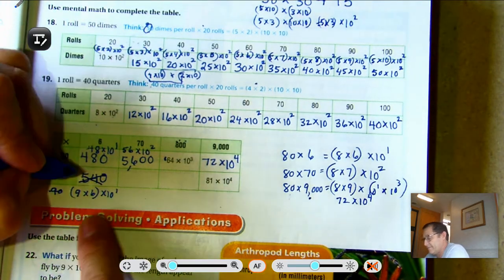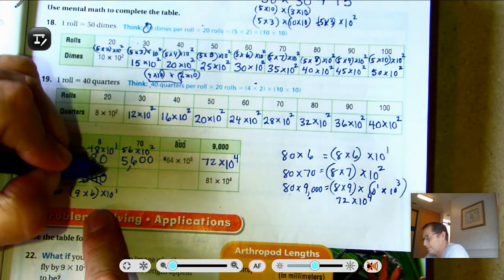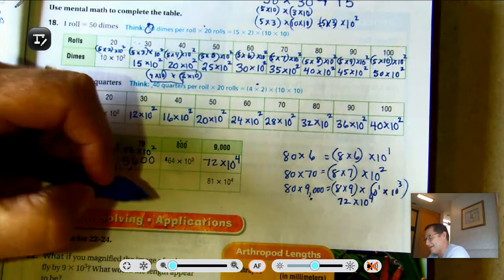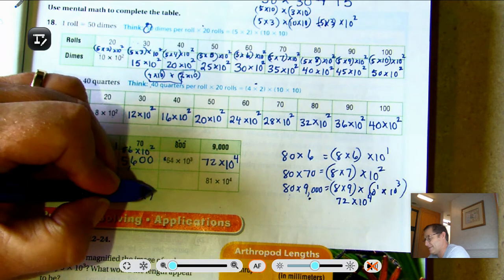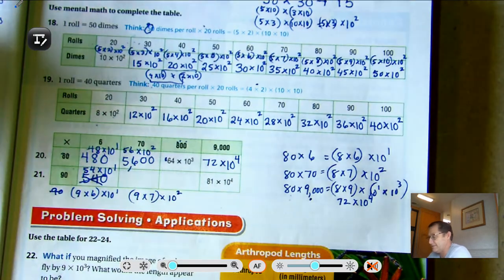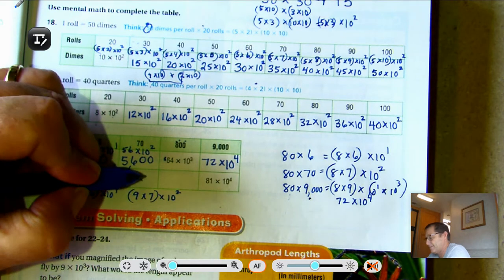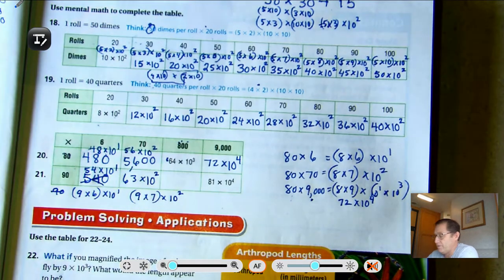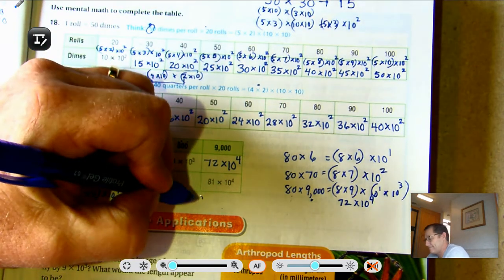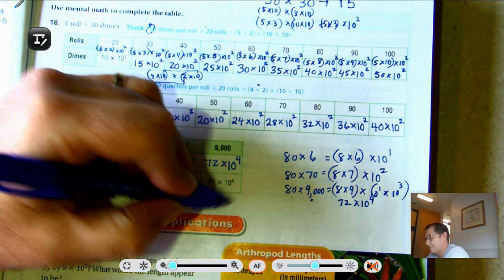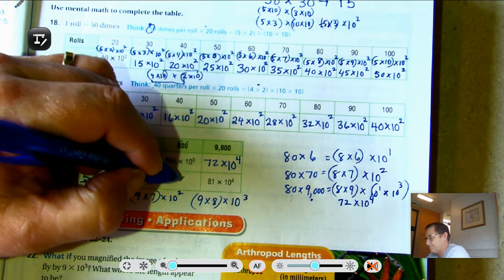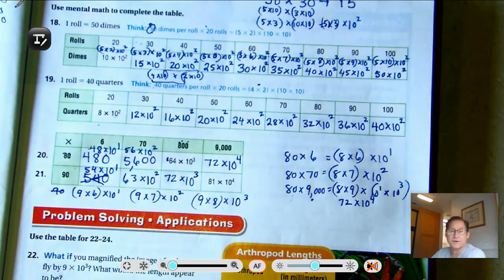This one would be 54 times the first power of 10. 90 times 70 would be 9 times 7 times the second power of 10. So 63 times the second power of 10. 9 times 8 times 10 to the third. 72 times the third power of 10.